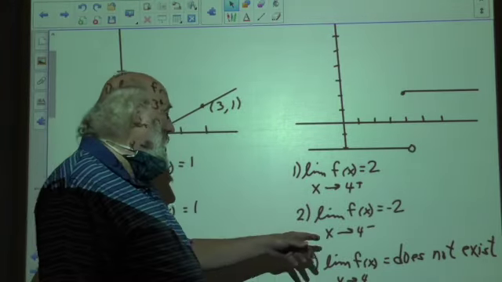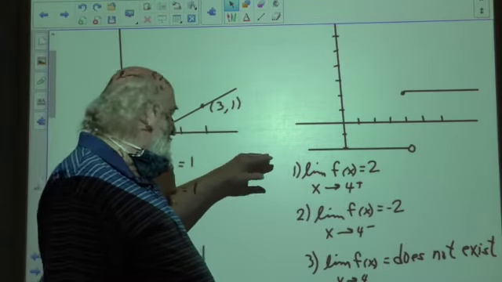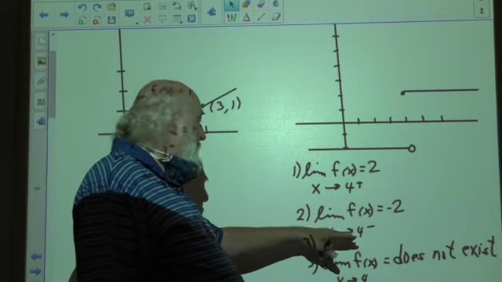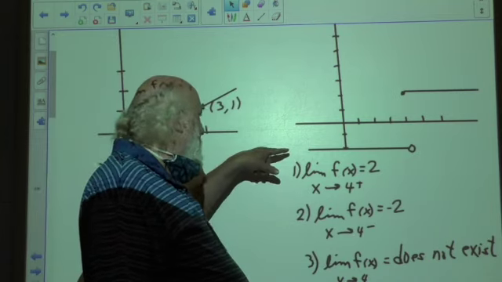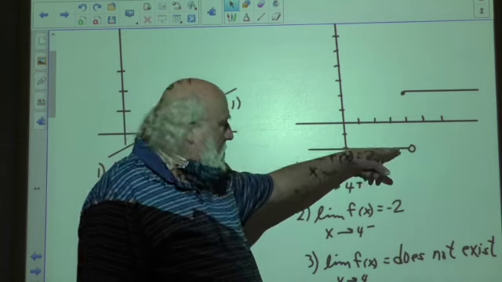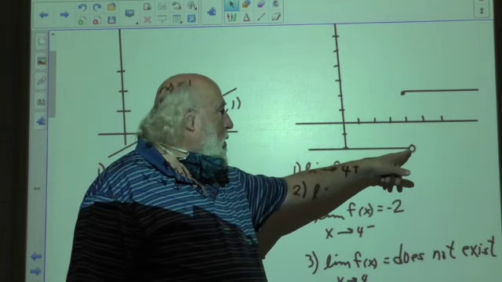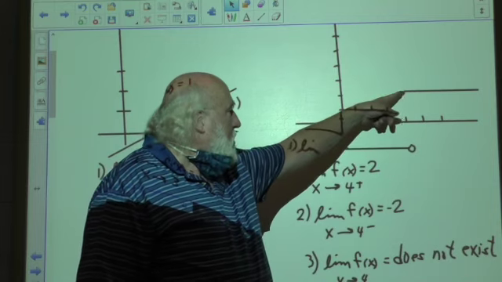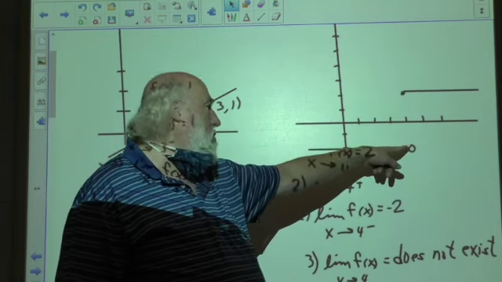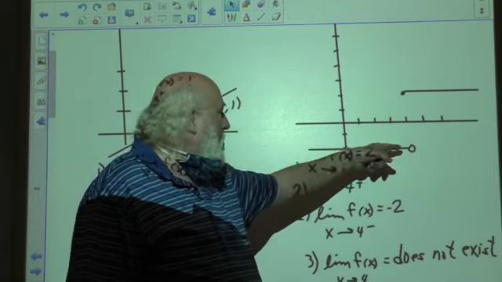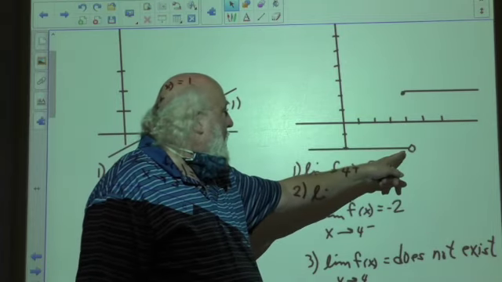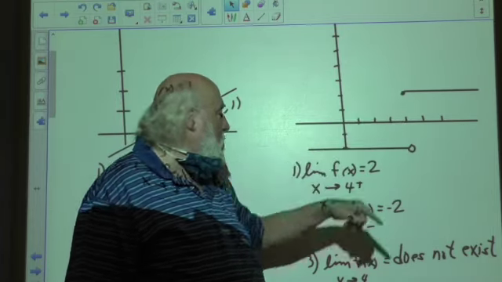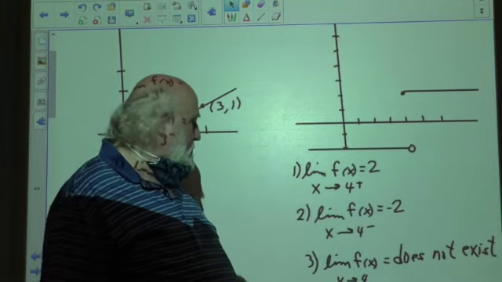Now for the next one, as you go along this function on the negative side of 4, you're going in this direction, and it gets to this open point right here, because this is already established as c. But as we go there, the limit for that is negative 2, and not positive 2 like it was up here. So we put negative 2 there.